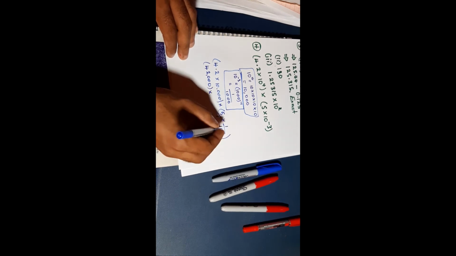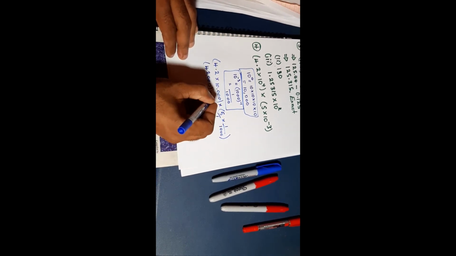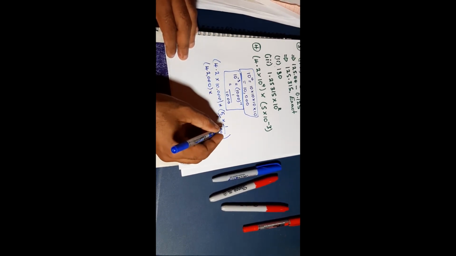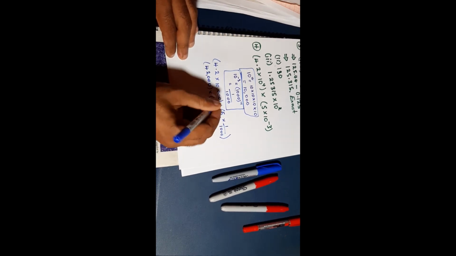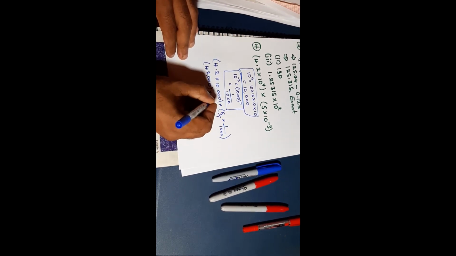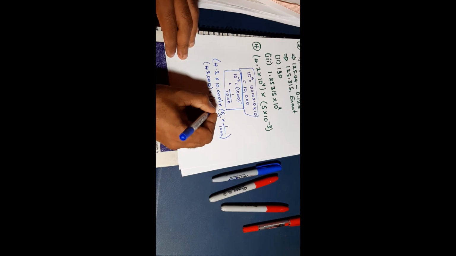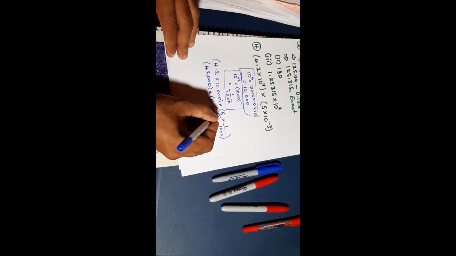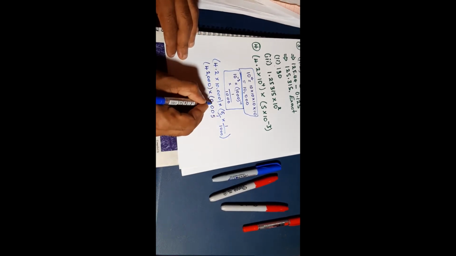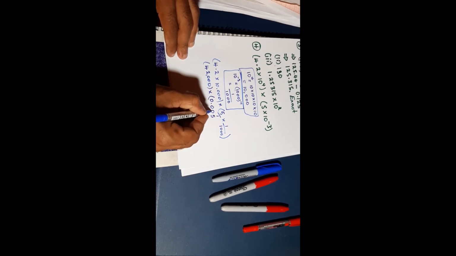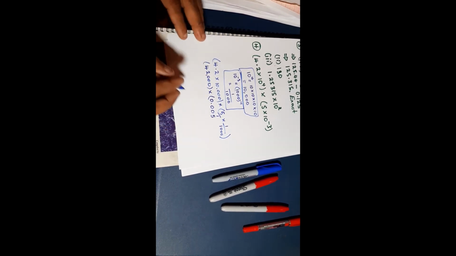We can just put 5 over 1,000 here. If we divide 5 by 1,000, we're going to have 0.005.